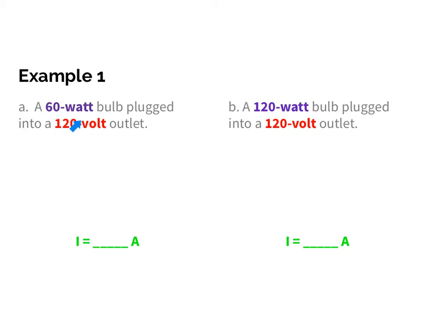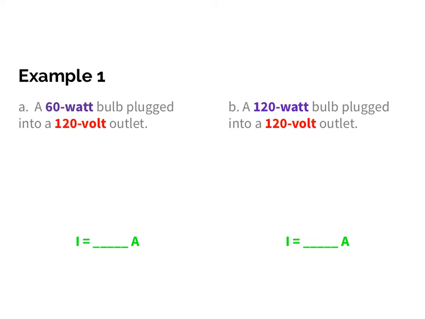So let's just say that I had one of those 60-watt incandescent bulbs plugged into a 120-volt source. All devices are rated based on a wattage, and a wattage describes how much energy they use. So here I have the energy being used by that device as well as the voltage being supplied.